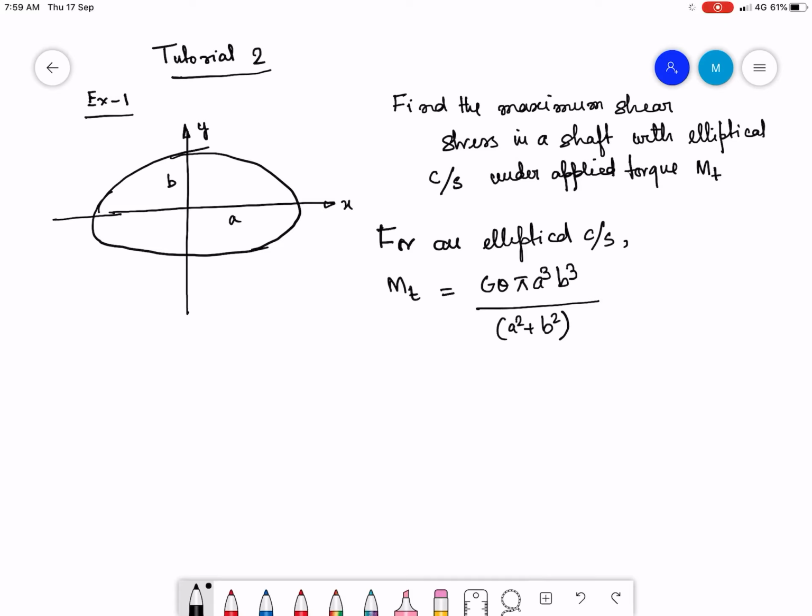Now let us write down the expression of the shear stress.